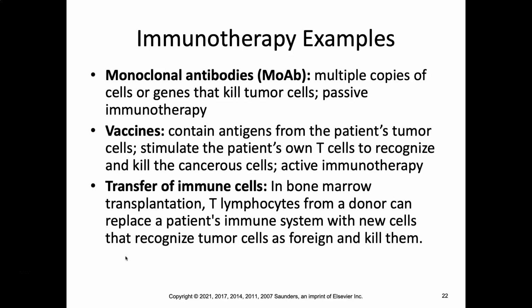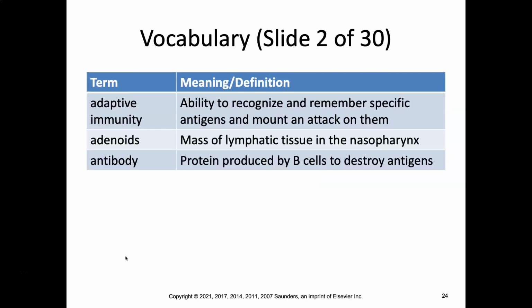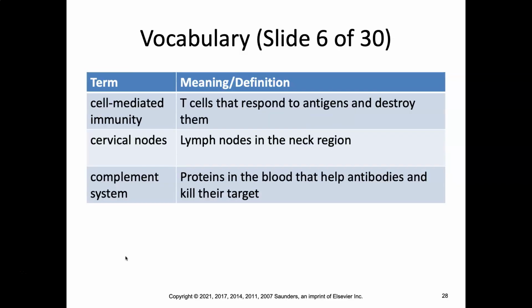I talked a little bit about bone marrow transplantation, just so that you're familiar with that. And now we're on to vocabulary. Plenty of vocabulary for this chapter. And we will have more because I think there's something like 70 or 80 slides in this one.